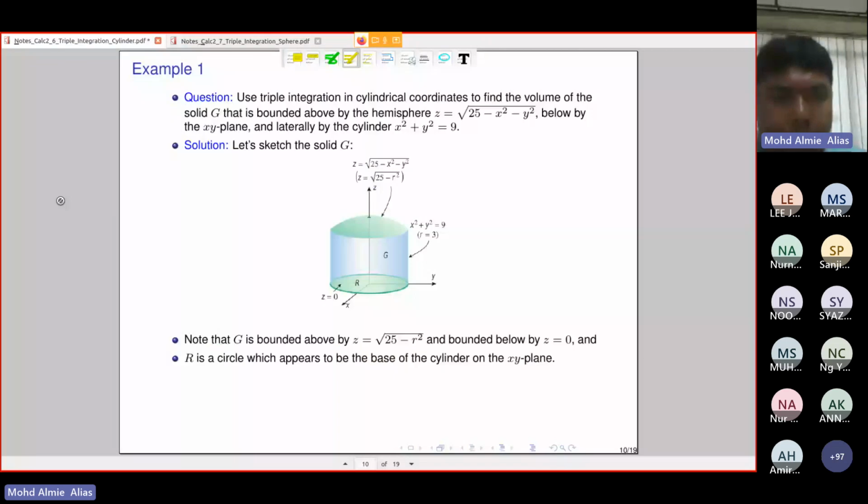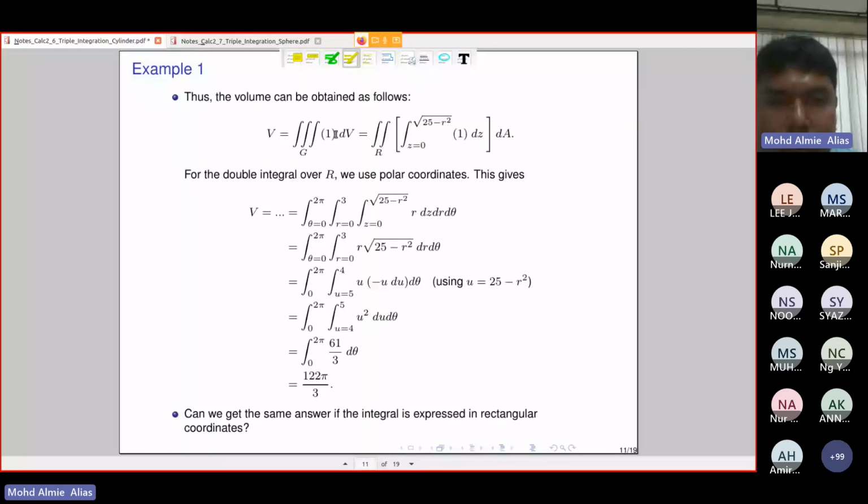Okay, so we discussed this example. Here we were not given f, which most possibly means it is a question to find volume, and actually it is, because here you are asked to find the volume, which means that your integrand is 1.